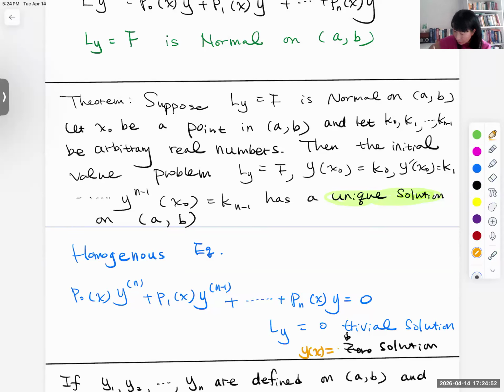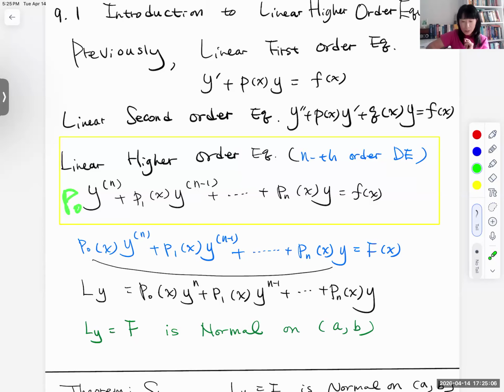I forgot to mention that in the left-hand side, we don't have a p sub 0 here. This means we divide every term by p sub 0, but then why do we still have a p sub 1? Mathematicians get lazy.